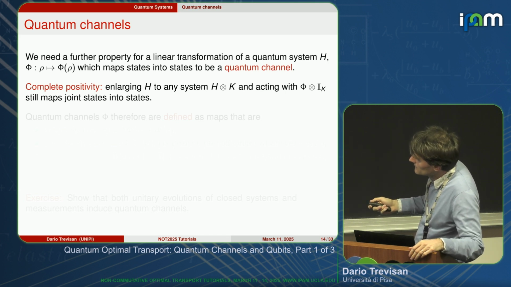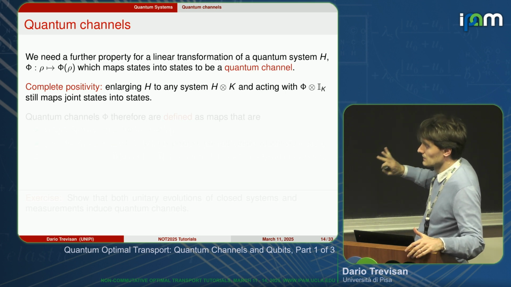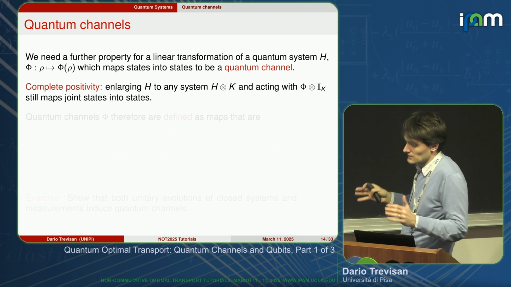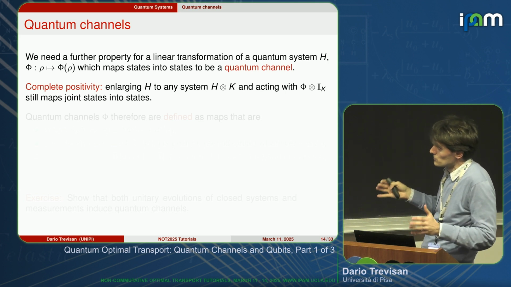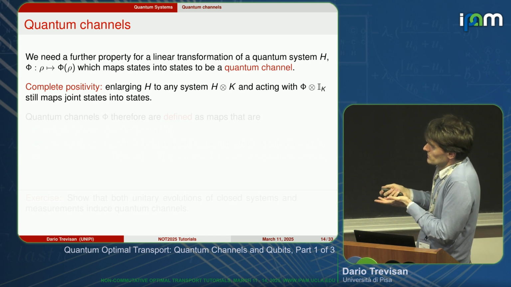If I take a joint state on H tensor K, and I act with phi on H and do nothing on K, so I tensor with the identity on K, I still want this map, as a physical operation, to map states into states. You say, but this is trivial because you are doing nothing on K.